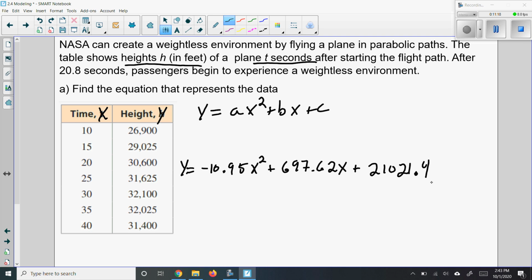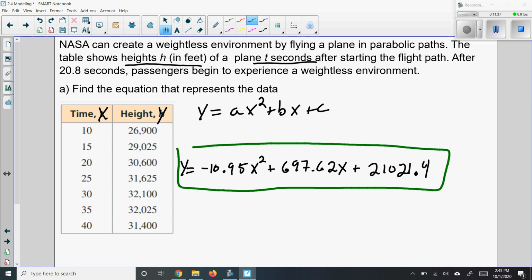And this is our regression equation. If you used the TI-84, these numbers might have been slightly different. They might have been rounded a little bit, but that's okay. Our answer will still ultimately turn out to be what we want. So this is the regression equation that we are going to be using.